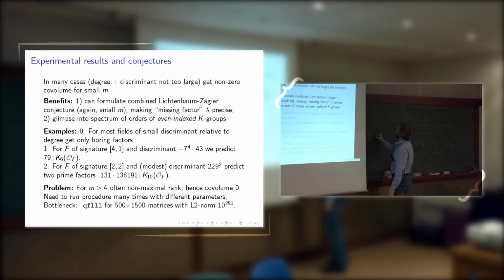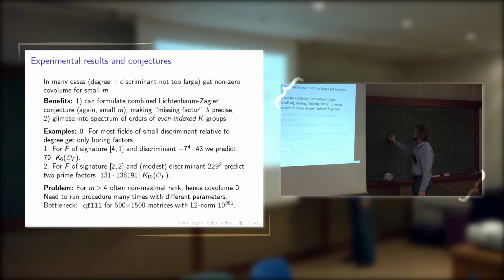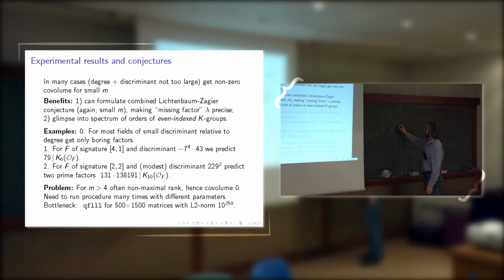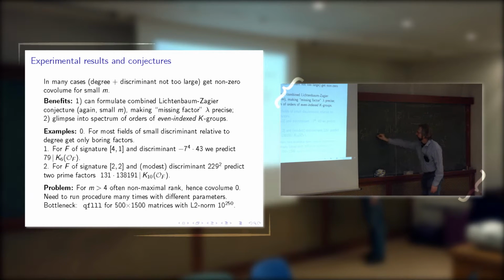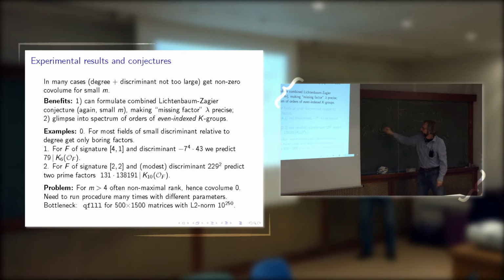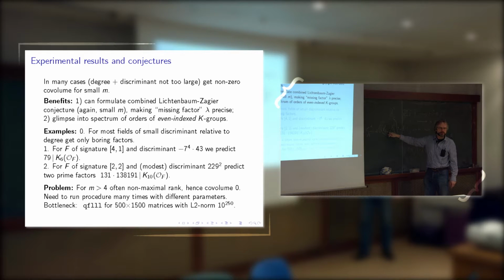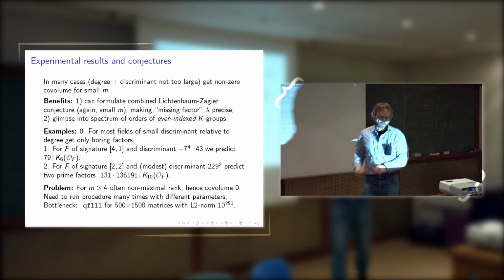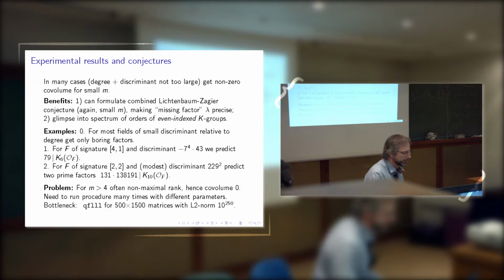So you can say it's zeta_F star of 1 minus m, the K_{2m-2} of O_F, times this co-volume, whatever it was, divided by something simple. So we're aiming for this group, which typically is very hard to detect, and one doesn't have a good means to understand what these groups are. So using experiments, we can get a glimpse into those groups.